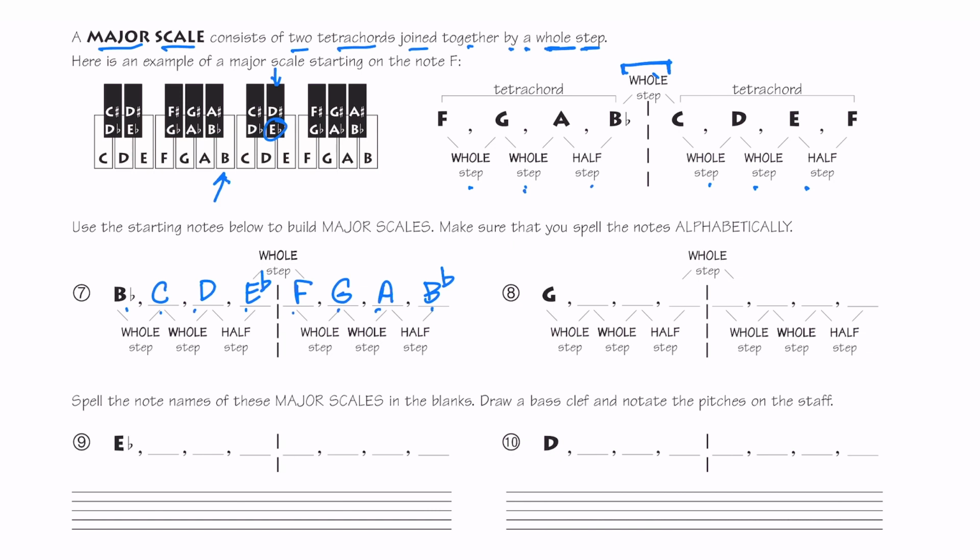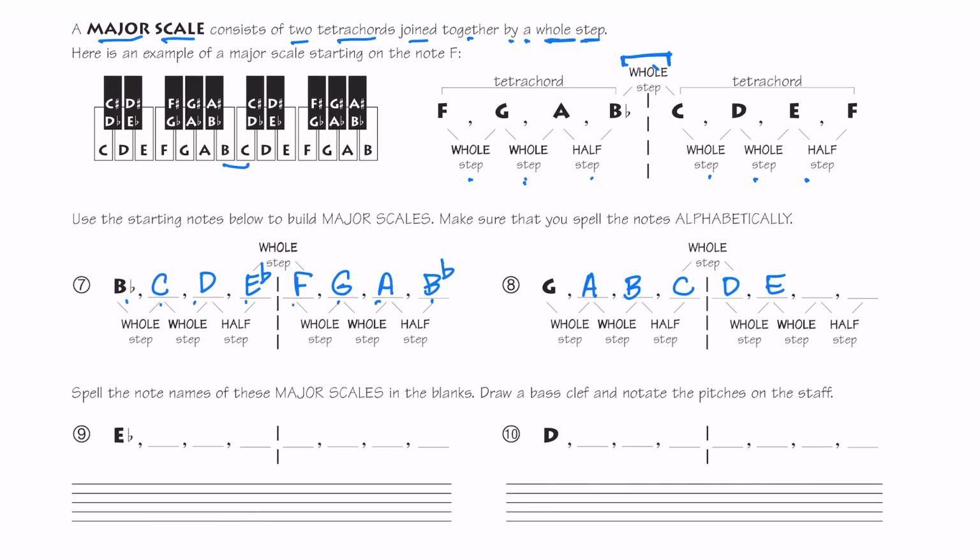All right, number 8. Let me erase these. Okay, so I have a clean keyboard, clean slate. G, up a whole step is A. Up another whole step is B. Up a half step, B just to the half step is C. Up a whole step is D. Up a whole step is E. Now E is a little bit tricky, so let's do it on our keyboard here.